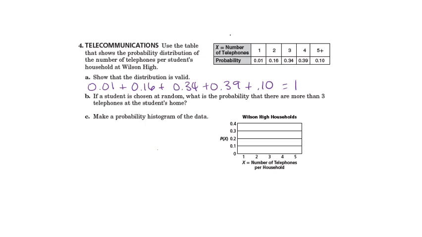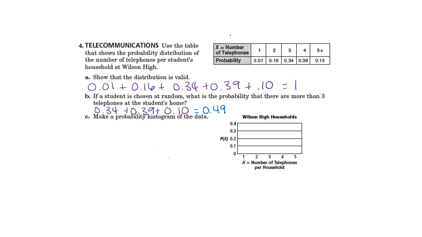If a student is chosen at random, what is the probability that there are 3 or more phones in their home? So here's for 3, more than that would also be the 4, and then the 5. And when I add all those together, it's 0.49, or almost 50% of students.